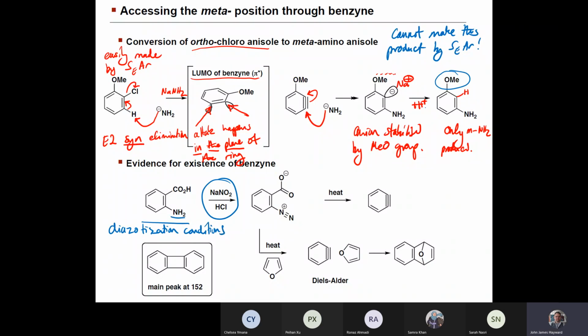Which turns the aniline into an N2 plus leaving group. Okay? That's semi-stable. You get some positive, negative charge stabilization. But if you heat it up a little bit, you lose carbon dioxide and you kick out nitrogen gas.